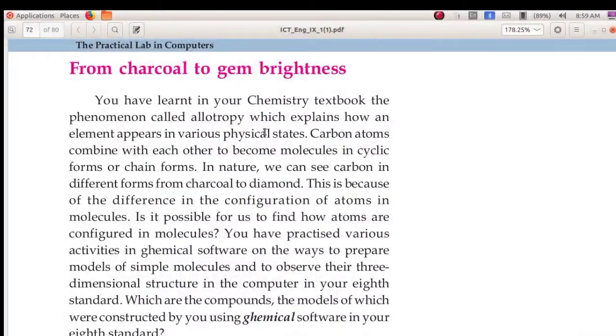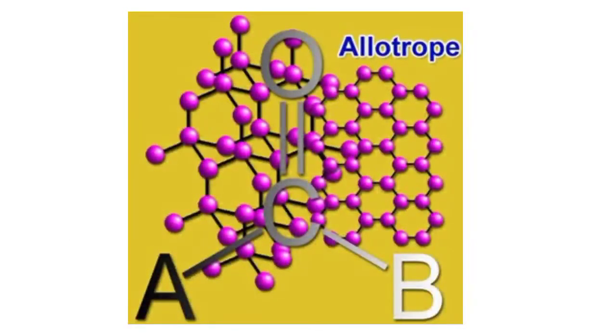Are you ready? From charcoal to gem brightness. Dear children, did you hear about the term allotropy in chemistry? What do you mean by that? The existence of two or more different physical forms of a chemical element is called allotropy, which means they may differ in the arrangement of atoms in crystalline solids or in the occurrence of molecules that contain different numbers of atoms.